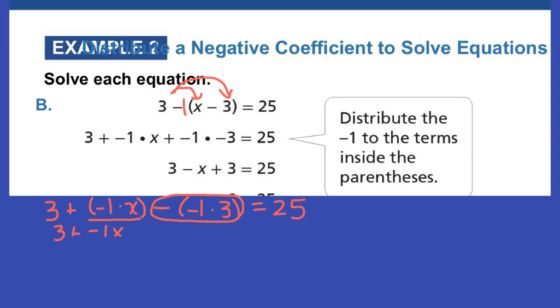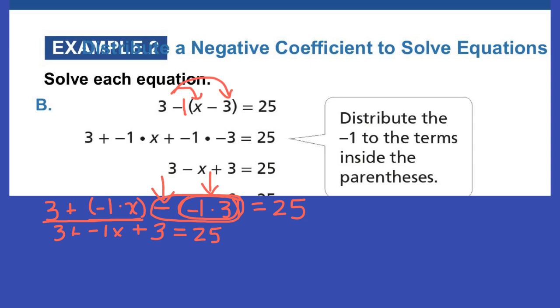We kept everything in front. We're going to change subtract, and we're going to change to a positive 3 equals 25. So one more time. We kept all of this. We changed to addition, and we changed negative 3 to positive 3.